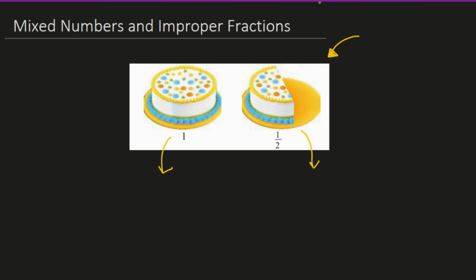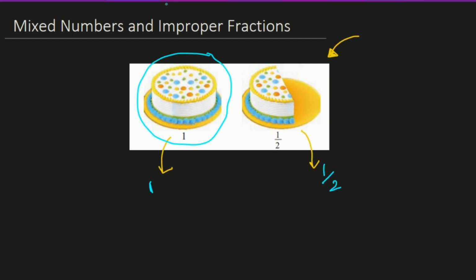When the whole cake is considered as a unit, we can write it as 1. Then what about the other part? The other part is exactly half of such a cake, which can be expressed as what?